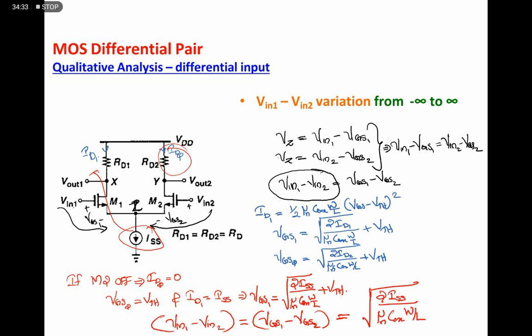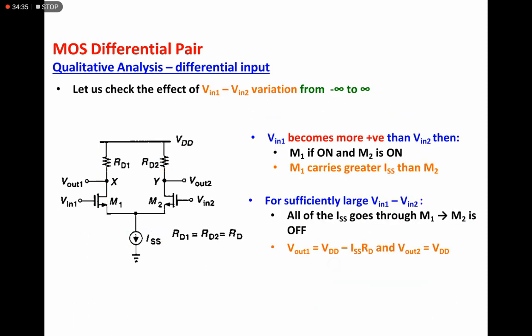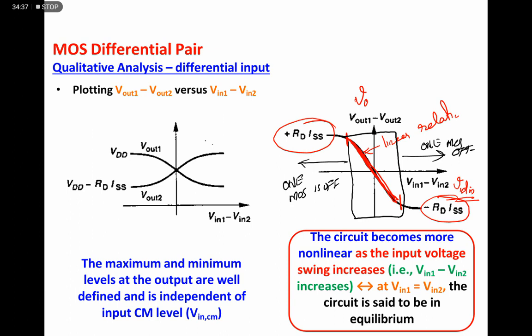Or in this graph, the switching region, in both cases the magnitude of these two values is nothing but root of 2 ISS by mu n COX W by L. So for the proper operation of the differential amplifier, the differential input must be less than this one.